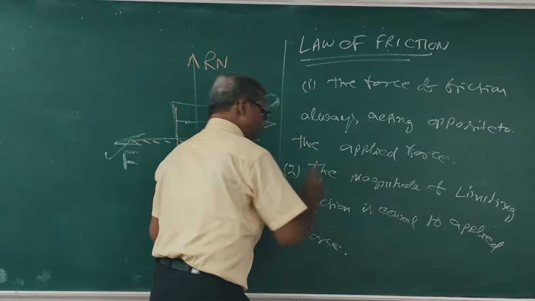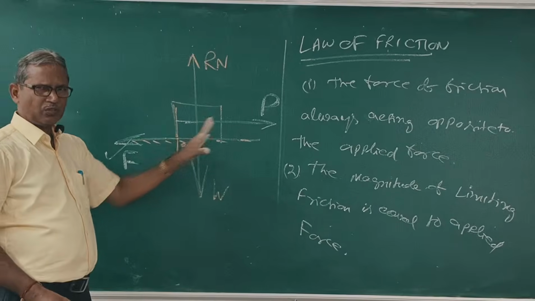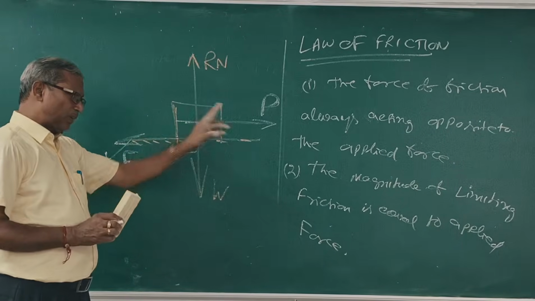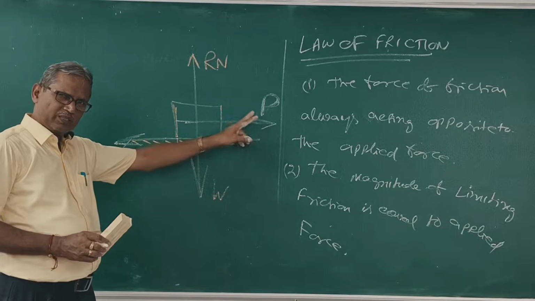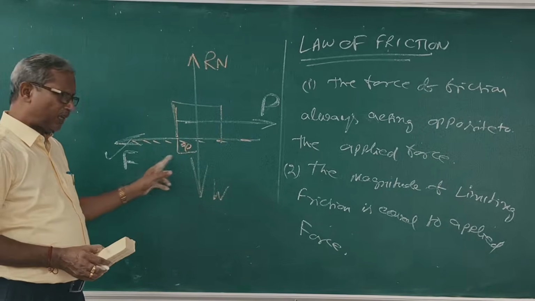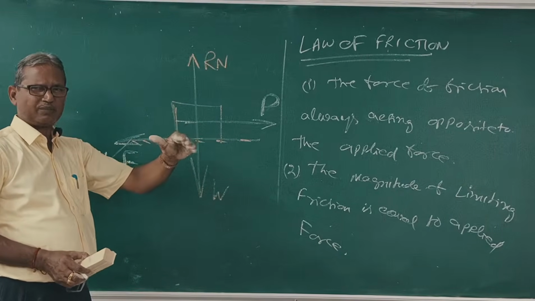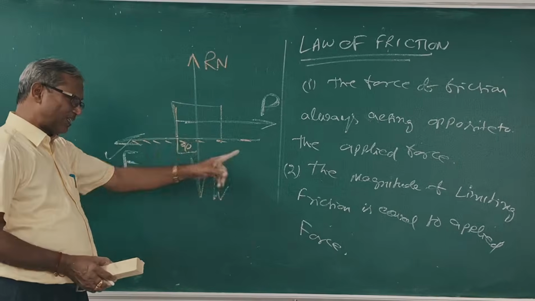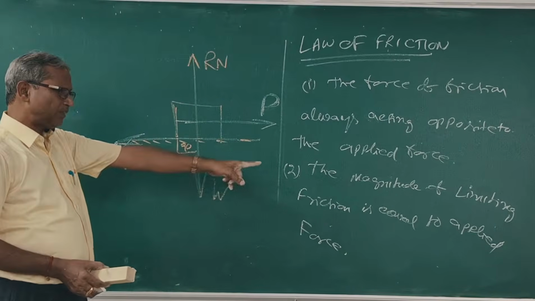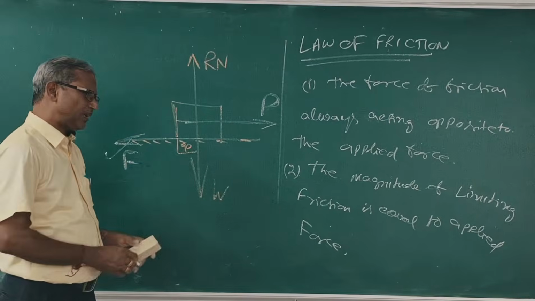Clear? This applied force P is equal to F. Both are nearly equal to each other. Applied force P is always less than or equal to F. If P is more, then the friction is dynamic or kinetic. In the static case, P is equal to or less than F. This is the magnitude of limiting friction, equal to the applied force P.